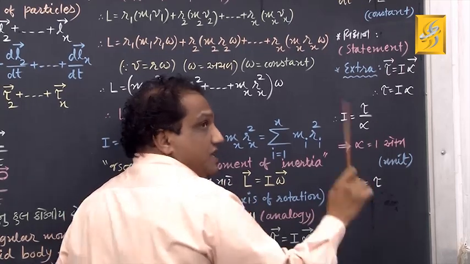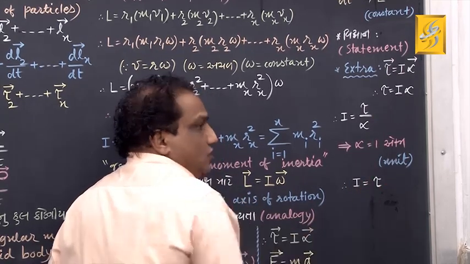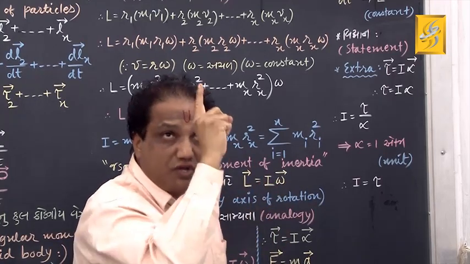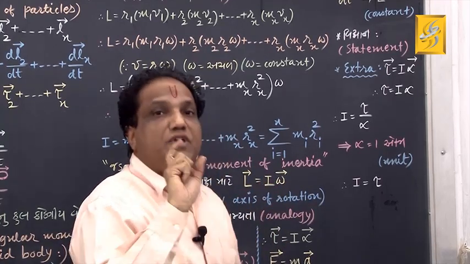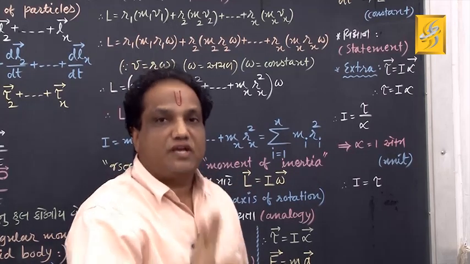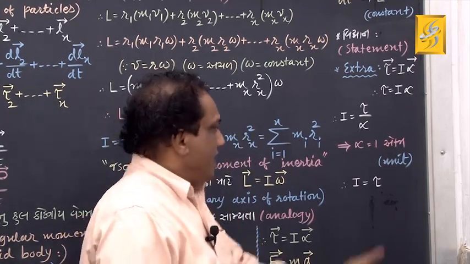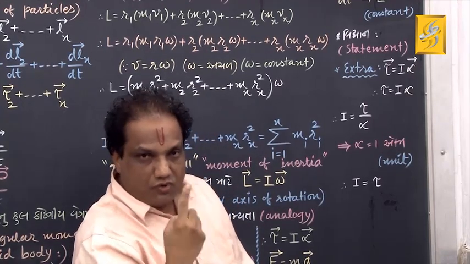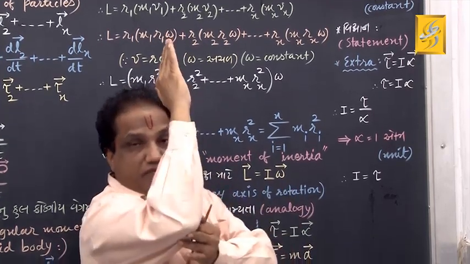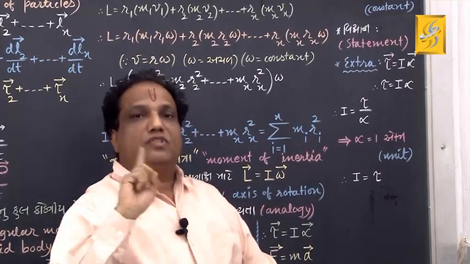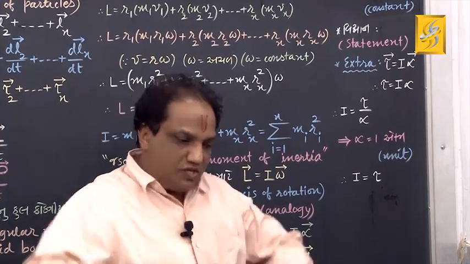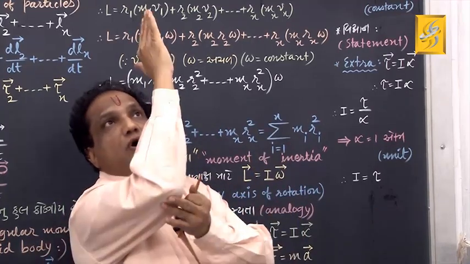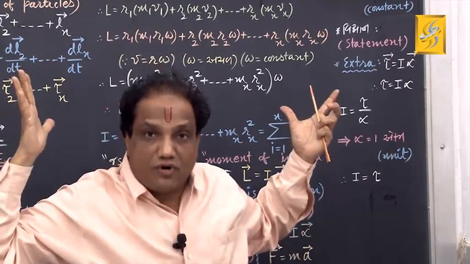So moment of inertia is nothing but the external torque required to produce rotational motion in a given rigid body about a given stationary axis of rotation with 1 unit angular acceleration. This is called the moment of inertia of that rigid body about that stationary axis of rotation.